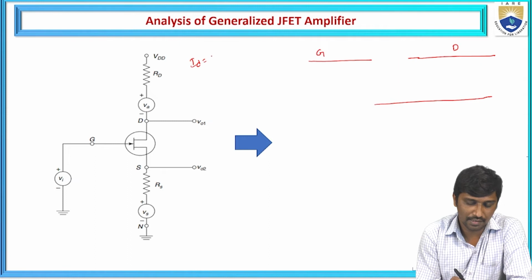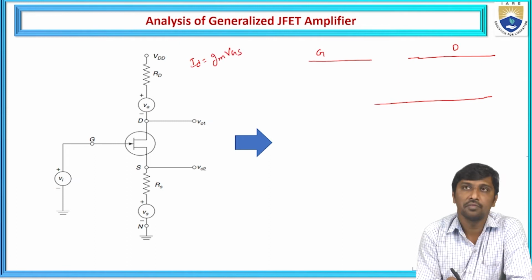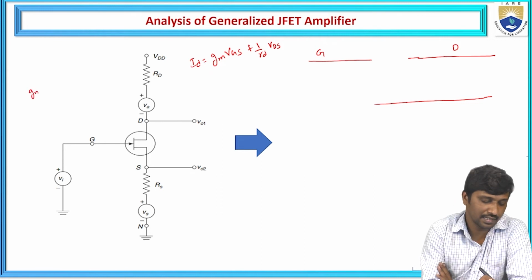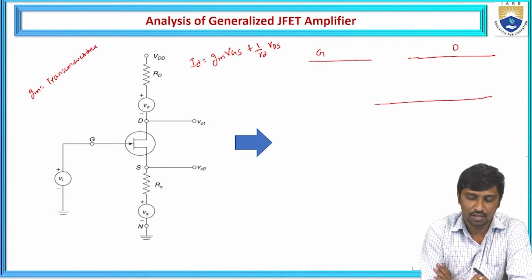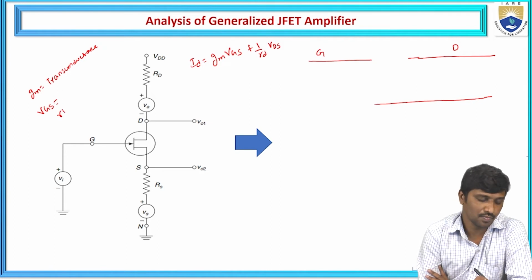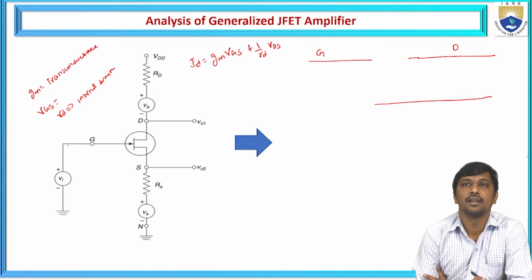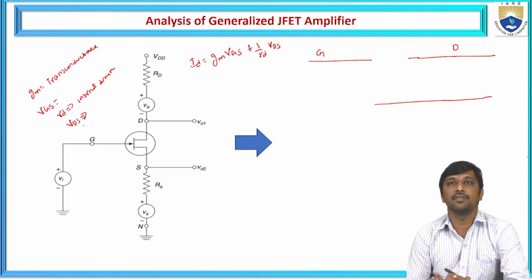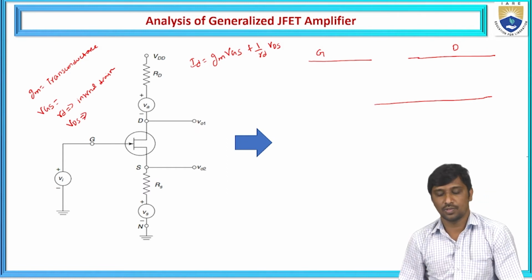Recall this equation: ID is equal to Gm times VGS plus 1 by RD into VDS, where Gm is the transconductance, and VGS is the potential difference between gate and source. Small RD means the internal drain resistance, also called the AC resistance. And VDS means the potential difference between drain and source.